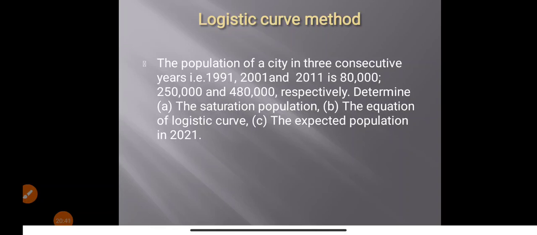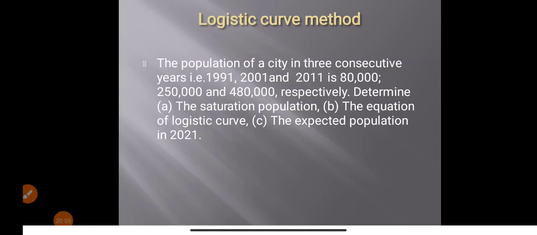In 1991 the population is 80,000, in 2001 the population is 2,50,000, and in the year 2011 the population is 4,80,000 respectively.